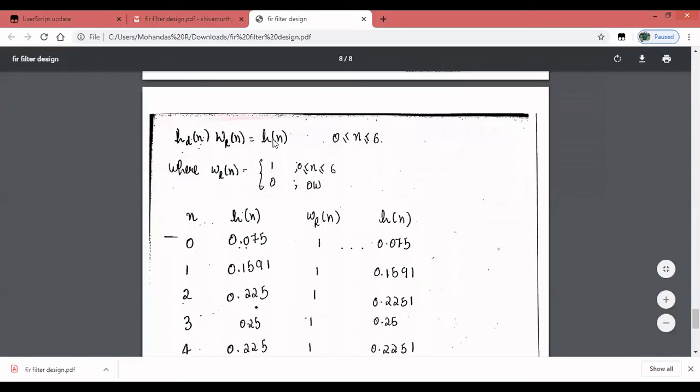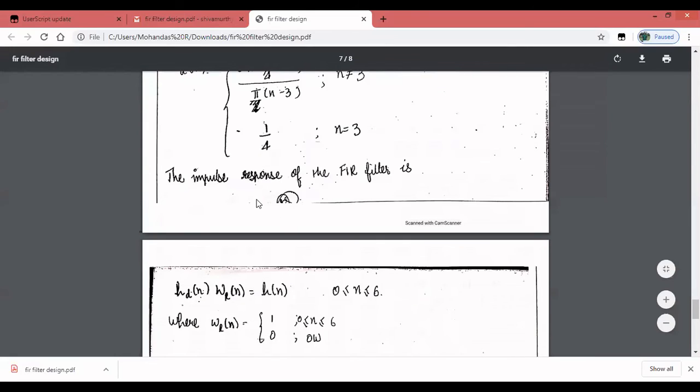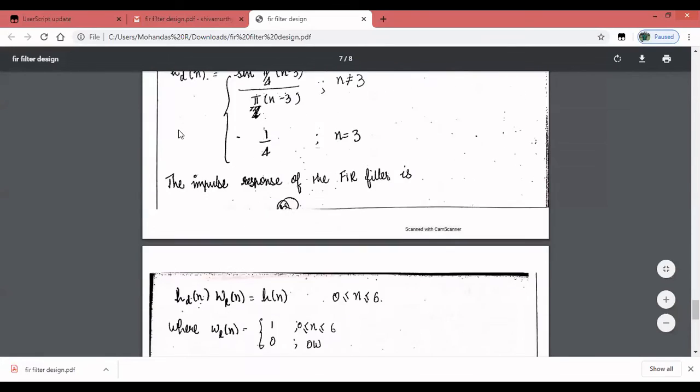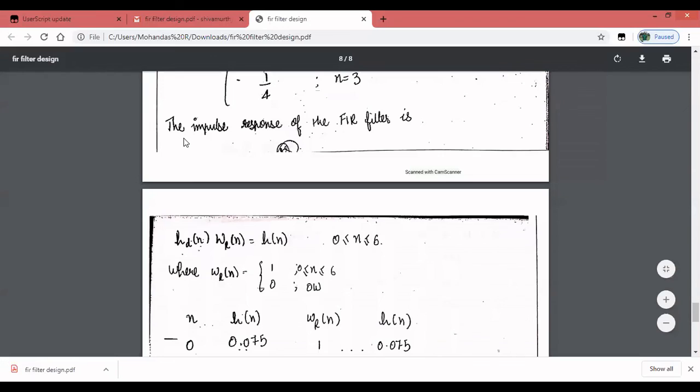Replacing with hd of n, in this hd of n I have to substitute the values from 0 to 6, and calculate my h of n value.